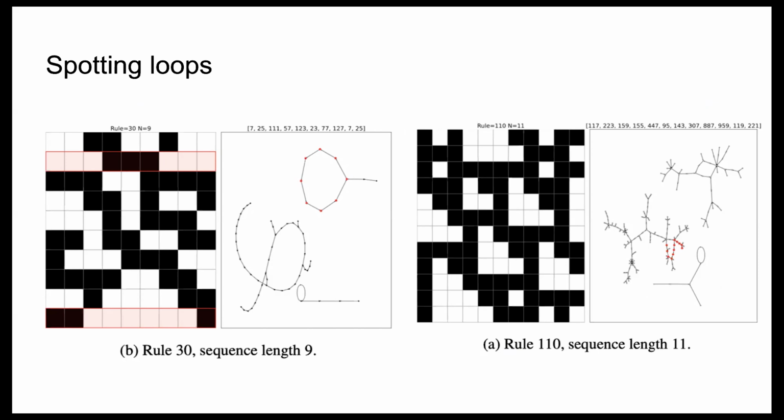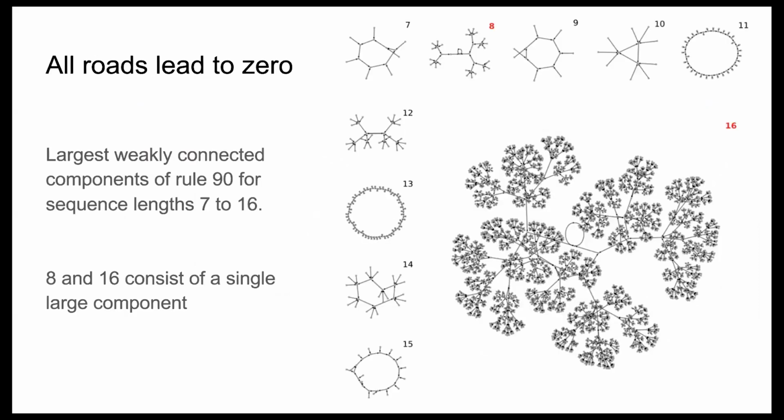But if I look at the sequence in the network space, it's pretty obvious that you went through an entire loop. The one on the right is an example of a network that comes from a different rule. In this case, we didn't complete an entire loop, but you can still see in red the nodes that we went through.